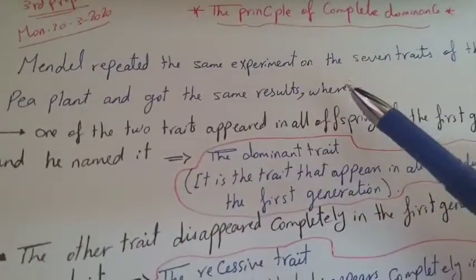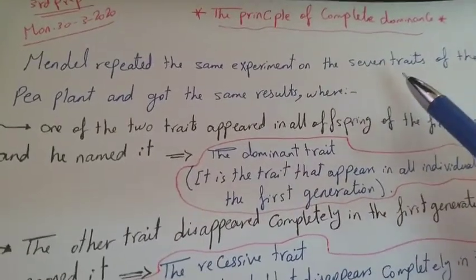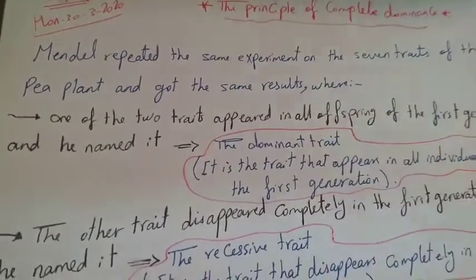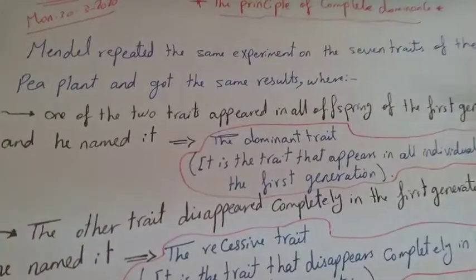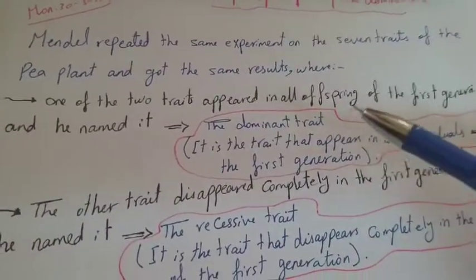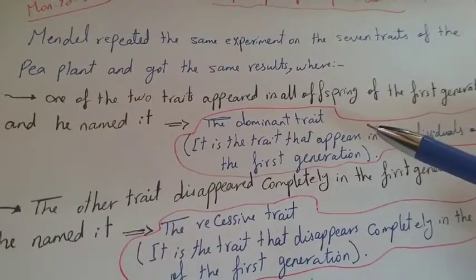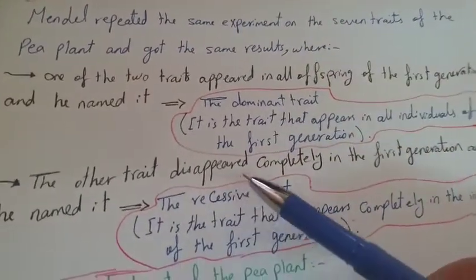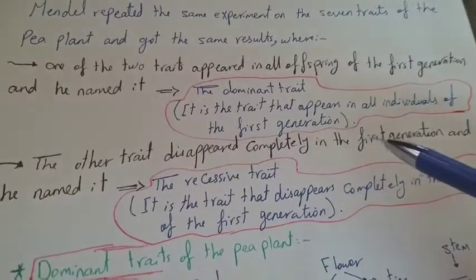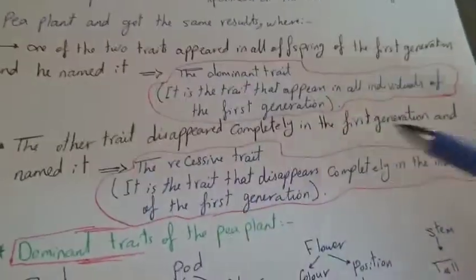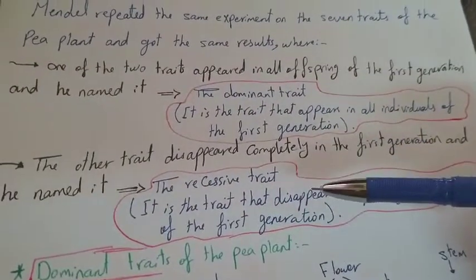So Mendel repeated the same experiment on the 7 traits of the pea plant and got the same results, where one of the 2 traits appeared in all offspring of the first generation, and the other trait disappeared completely in the first generation and appeared in the second generation.